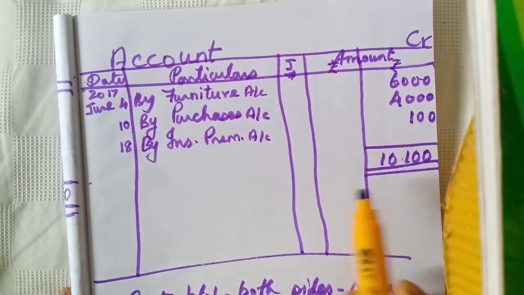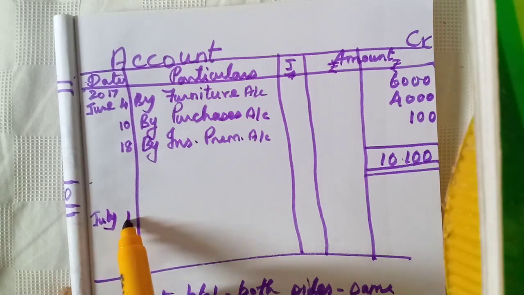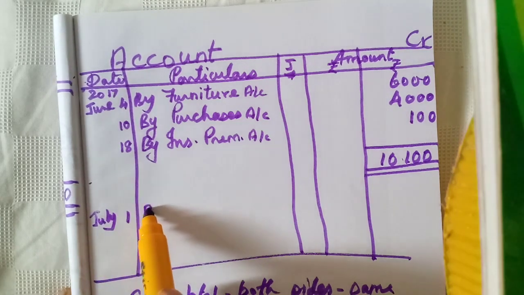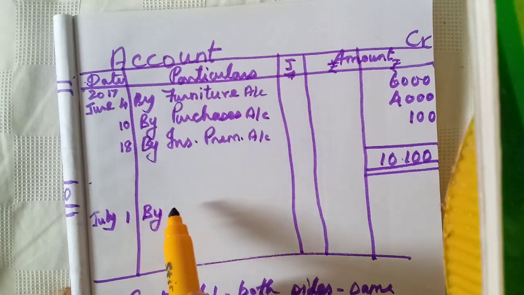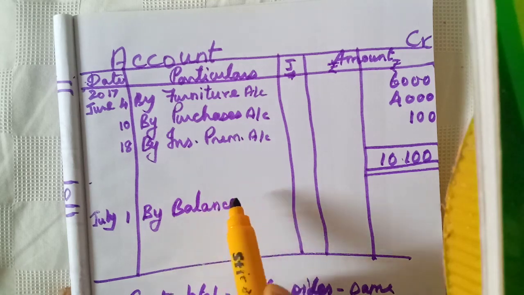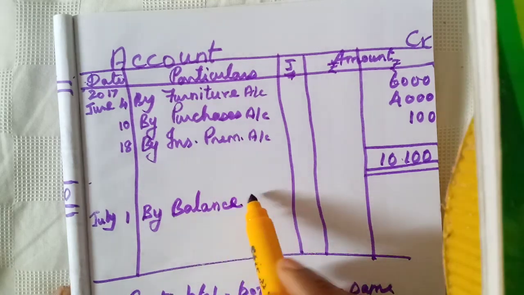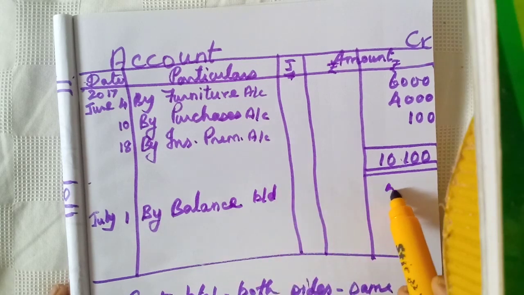Below this line, July 1, by balance brought down, 5,100.